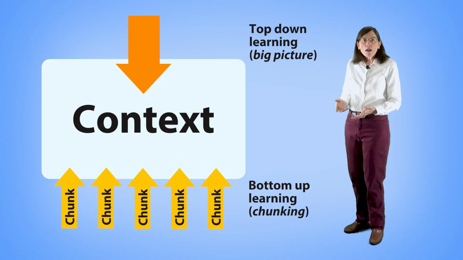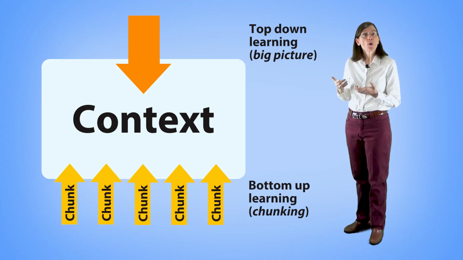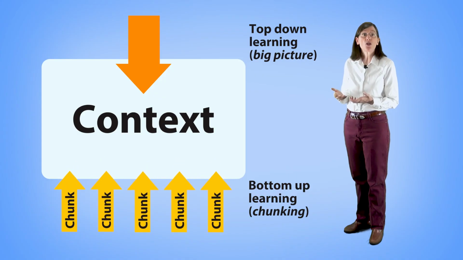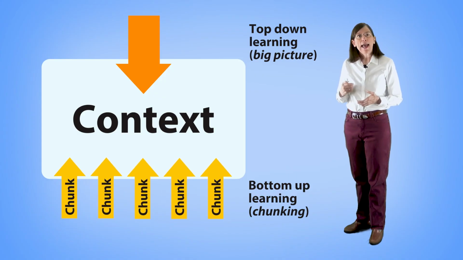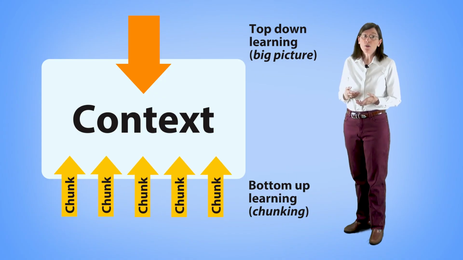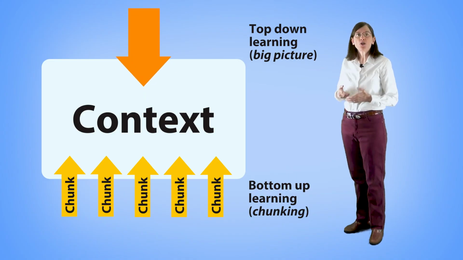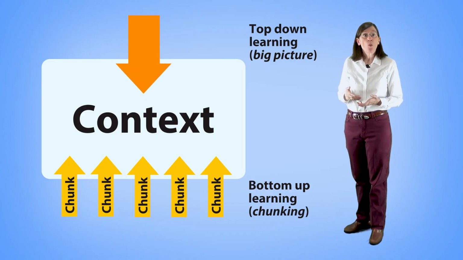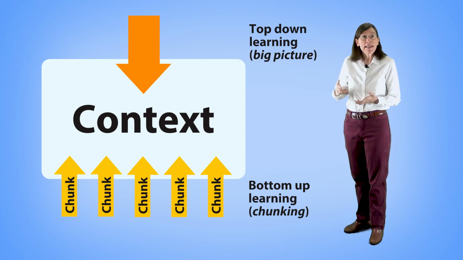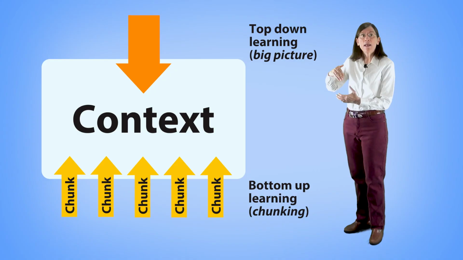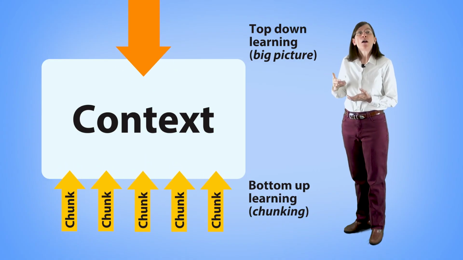There's a bottom-up chunking process where practice and repetition can help you both build and strengthen each chunk so you can easily access it whenever you need to. And there's also a sort of top-down, big picture process that allows you to see what you're learning and where it fits in. Both processes are vital in gaining mastery over the material.